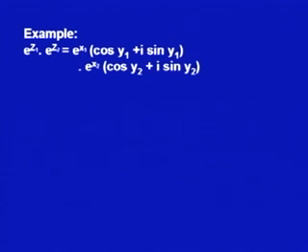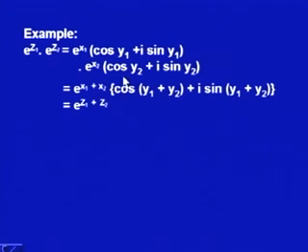Let me consider this product e^(z1) into e^(z2). I write down e^(z1) as e^(x1)(cos y1 + i sin y1) by the definition of e^z. Similarly, e^(z2) is written as e^(x2)(cos y2 + i sin y2).